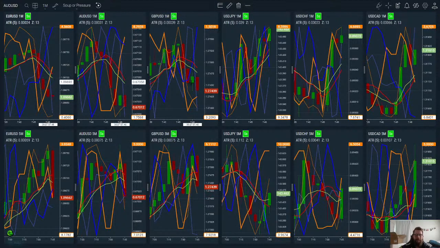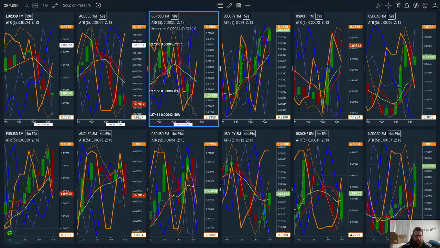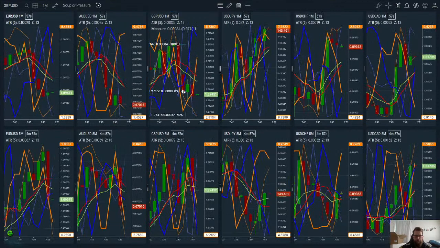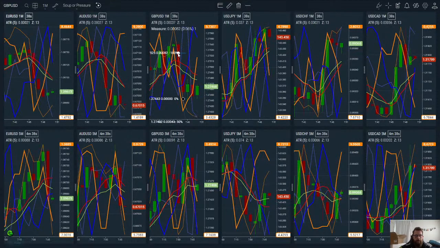Why are these numbers not matching? All right, value for stop 443. Okay, so that's where we got in. All right, so we're short. Let's see what happens.